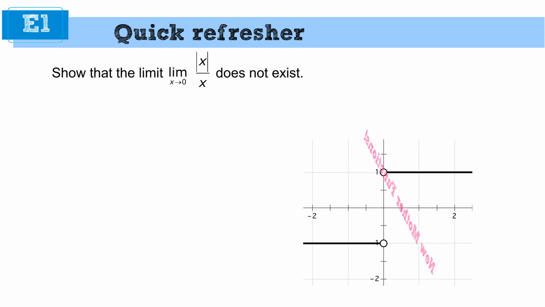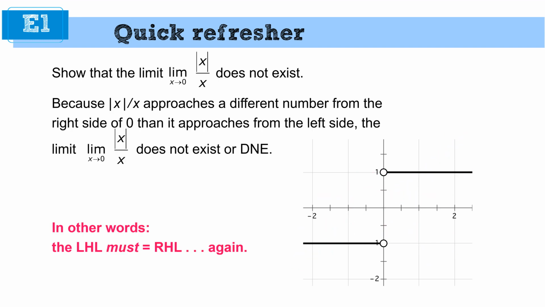As I mentioned, that's a new mother function. Now, why is that there? What's the limit as x approaches 0 from the positive side of the absolute value of x over x? 1. Everybody good?